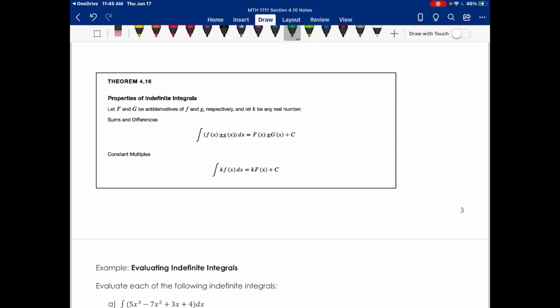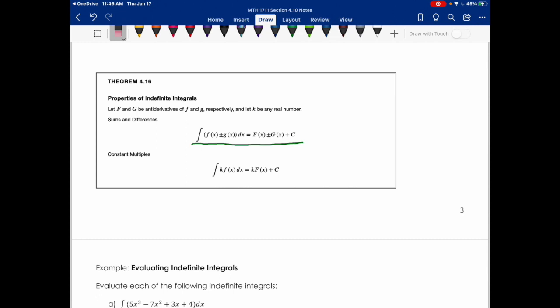So up to this point in this lesson, we've only focused on some real simple integrals with very basic functions. And now if we get anything that's more complicated, we're going to go through some properties of how you can handle that. So just like derivatives, we can break up the integrals for sums and differences of two different functions that are added together and you're trying to find the antiderivative.